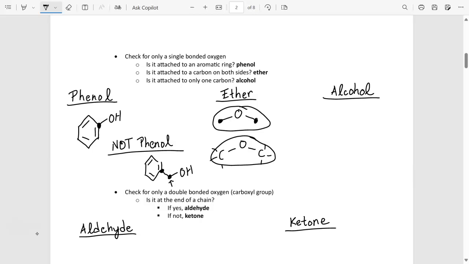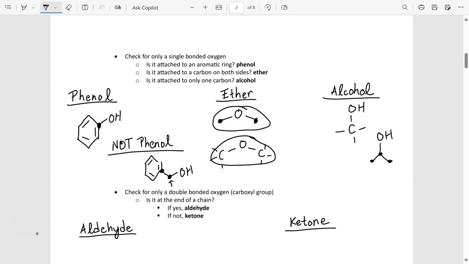Okay, and then the last type of single bonded oxygen is an alcohol. And it's very similar to a phenyl, it's just that it's not part of an aromatic ring. Okay, so we have carbon that is bonded to an OH group and then whatever else is attached to it. Or as a skeletal structure. Right, we'll see that OH.